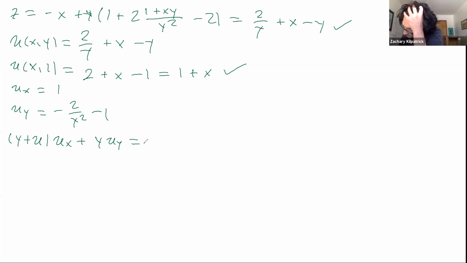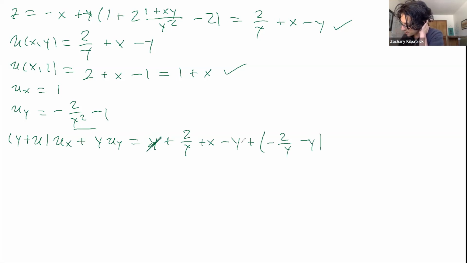So what do I get here? I get just y plus, and then 1 times u, which is 2 over y plus x minus y, plus y times this thing here. So I get minus 2 over y minus y, okay? Well, the y's here cancel, and the 2 over y's here cancel, and I'm just left with x minus y, which indeed is what the PDE requires, okay? So it worked. We got a solution there.